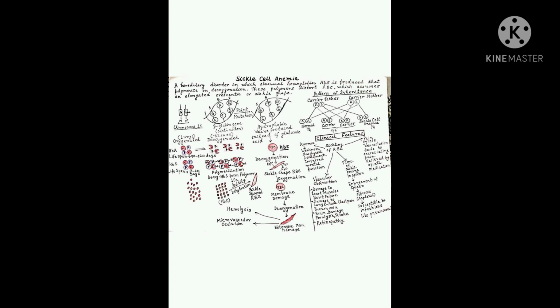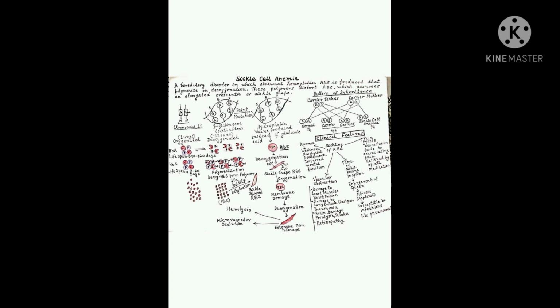Because of the point mutation, adenine is replaced by thymine. So because of this point mutation, instead of glutamic acid, valine is produced. Now in the beta chain, instead of glutamic acid, valine is produced.